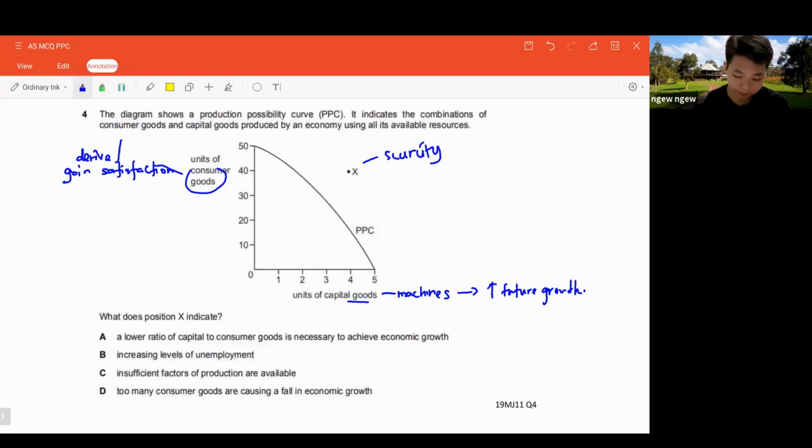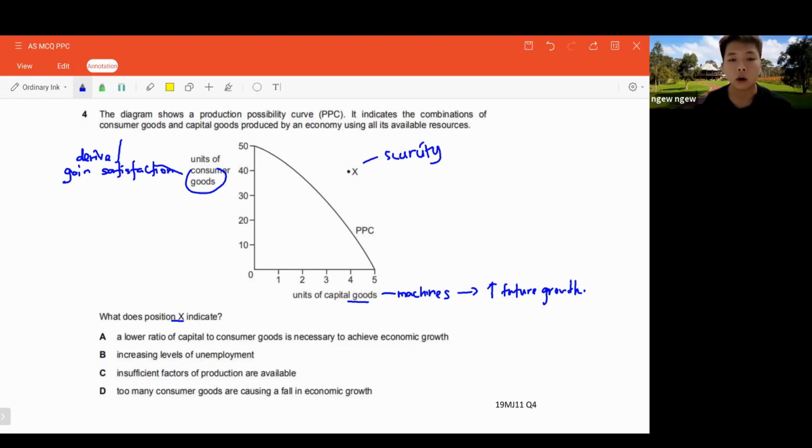Okay, so now let's look at the answer. The question is asking what position X indicates. Oops, this is easy. Position X indicates scarcity. So let's look at the answers one by one. A, a lower ratio of capital to consumer goods is necessary to achieve economic growth. This one we cannot be sure of because first of all, you are not given any point indicating what is the country's current situation.